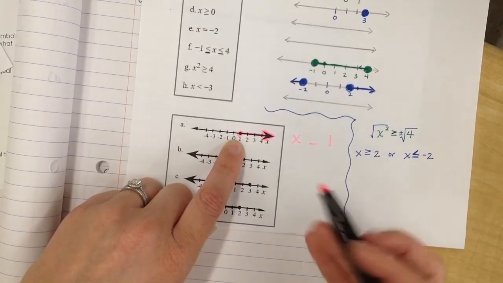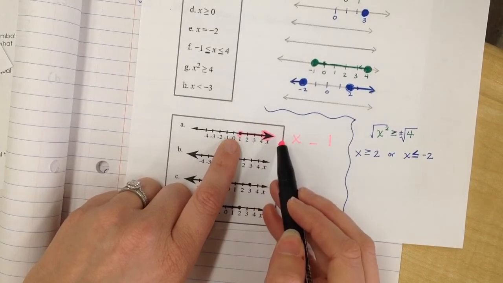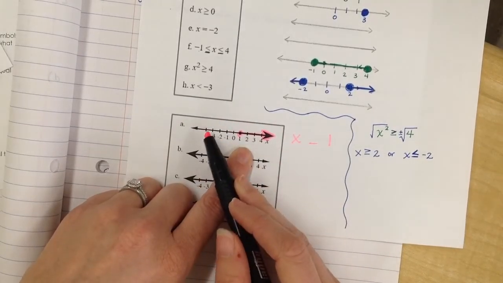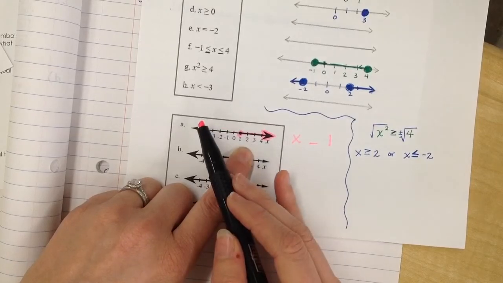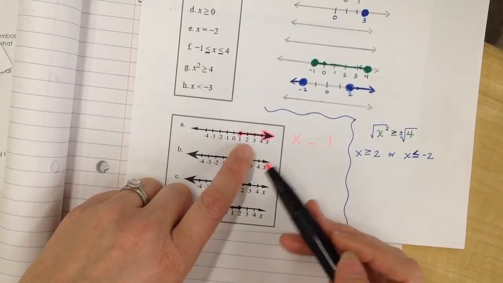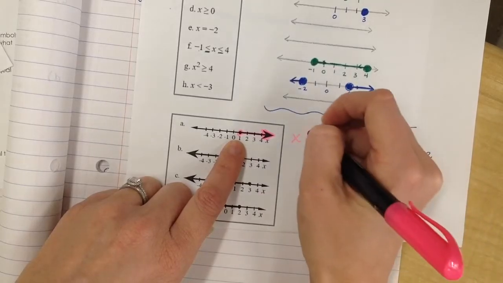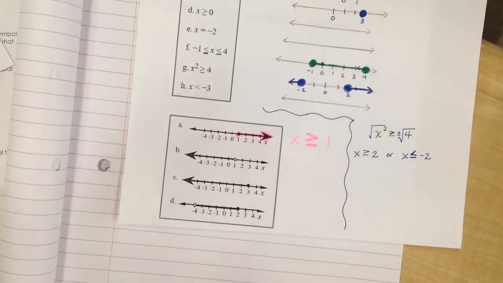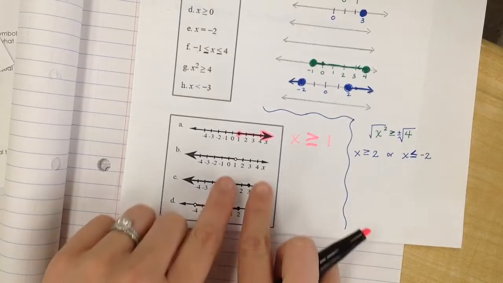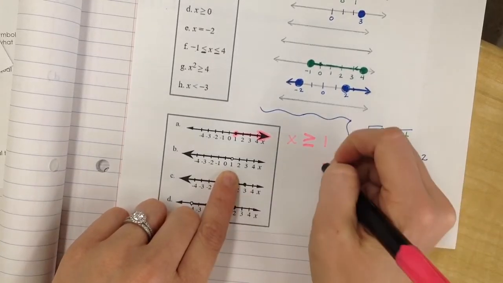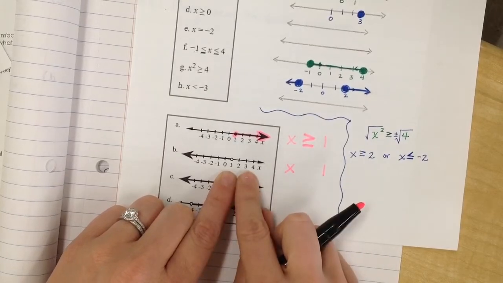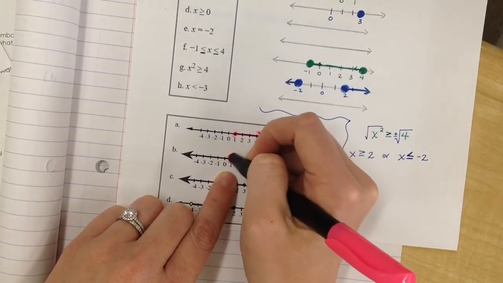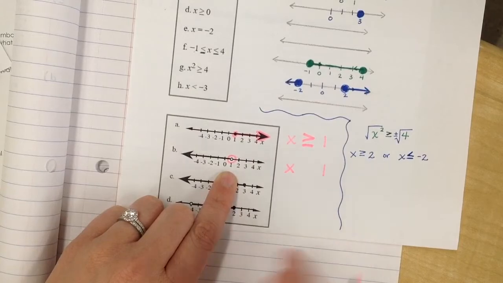My next question is, is x greater than or is x less than? Is the arrow traveling upward or is the arrow traveling downward and more towards the negative values? In this case, it's heading upward, so we have a greater than or equal to symbol. Next up, we still have the value of 1, so again we start with the 1 and the x. Then we ask, is it open or closed? In this case, it's open, which means we're not going to put half of the equal sign.